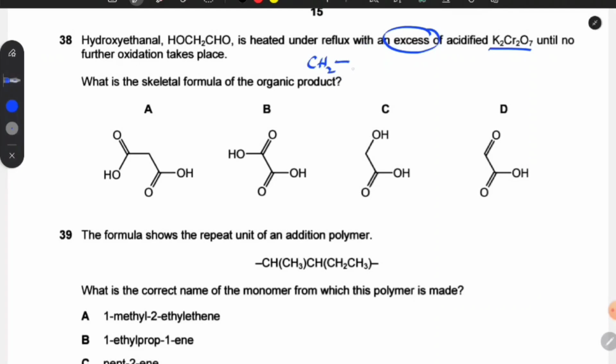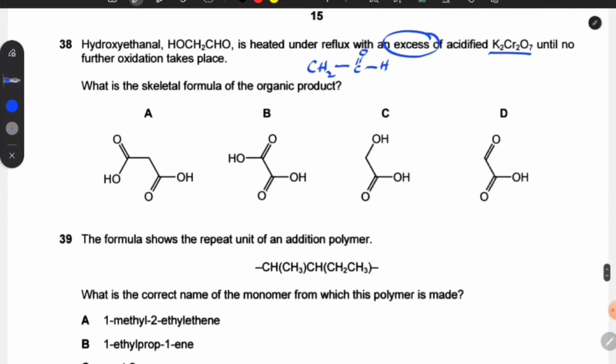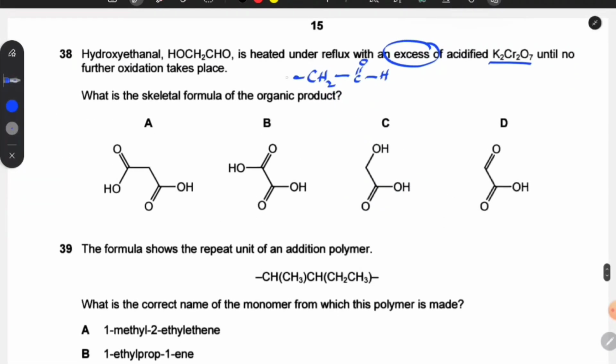Ethanol means it has an aldehyde, and on the other side it has an alcohol group. So OH and CHO. We know that when you oxidize a primary alcohol, you will first of all get an aldehyde, and if you further oxidize the aldehyde, it will convert into carboxylic acid.